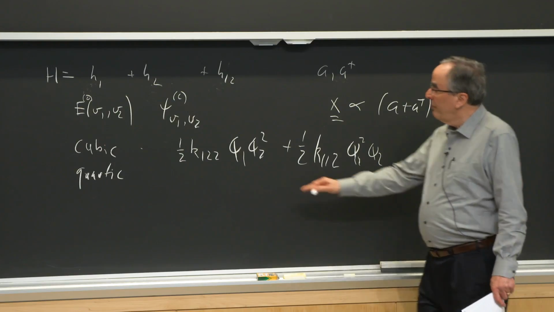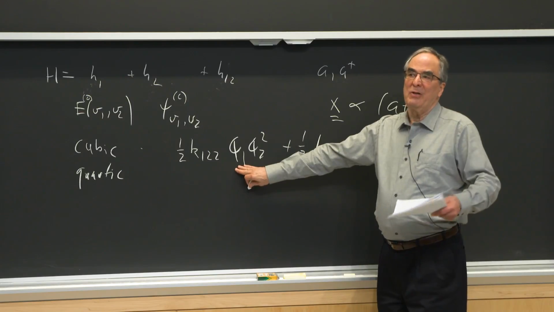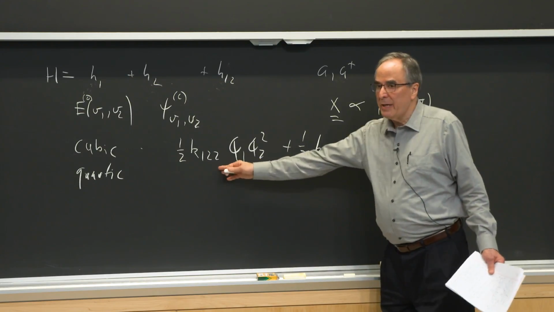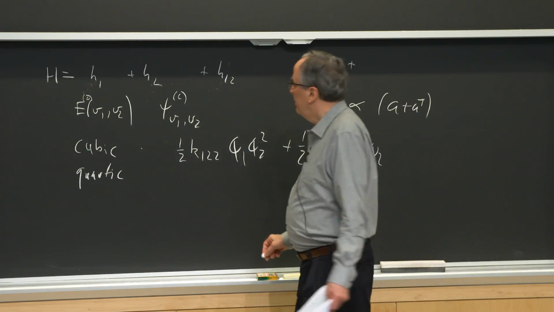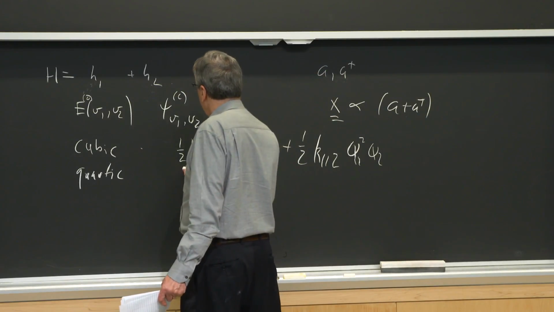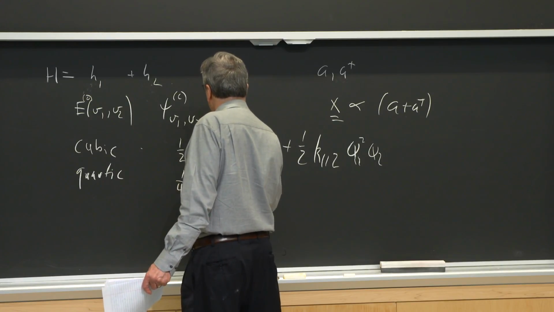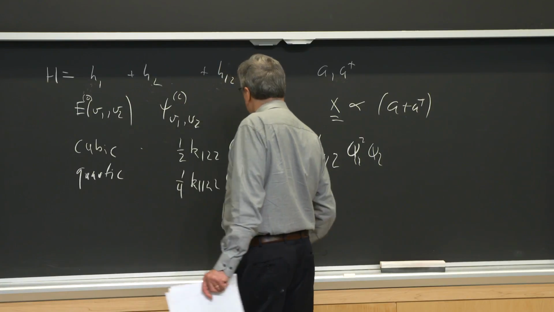And you could have Q1 cubed, but we already deal with that in the single mode problem, so we won't worry about that. So these are the couplings between modes 1 and 2 that are cubic. And then we have 1/4 K1122 Q1 squared Q2 squared.